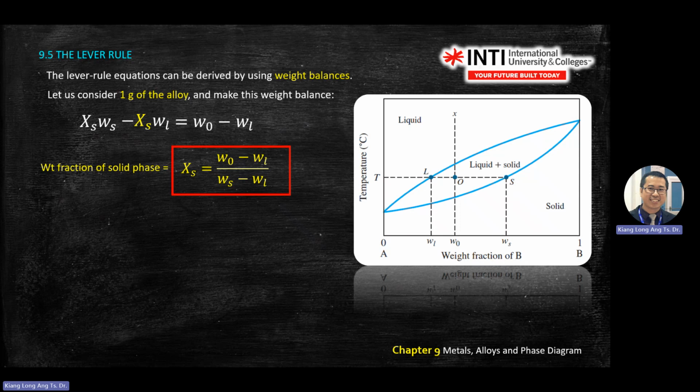The question asks you about solid, you calculate this distance, this region. This is the liquid length. If the question asks you WS, you take the liquid length over the total length and you get the ratio already.